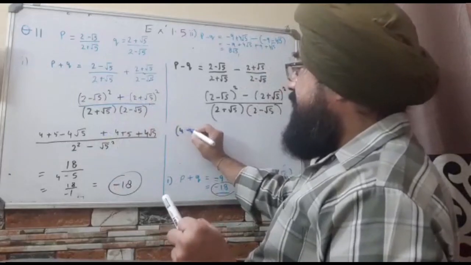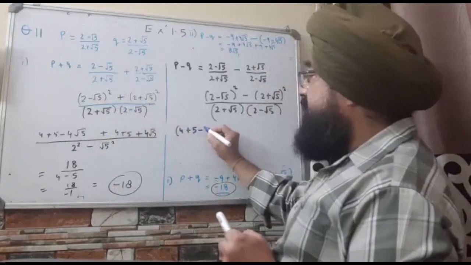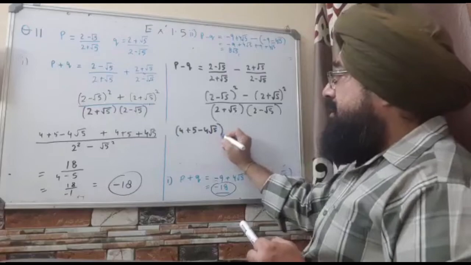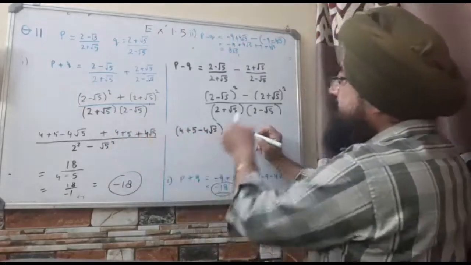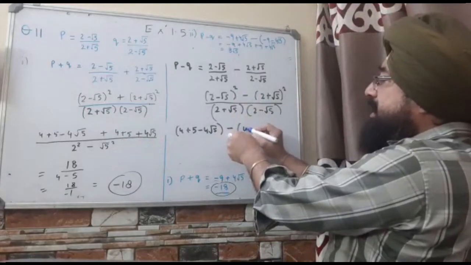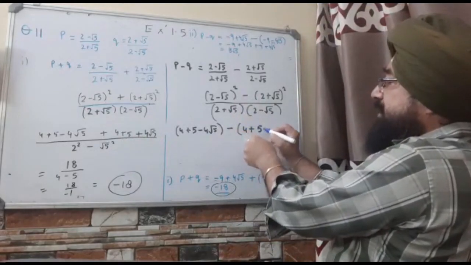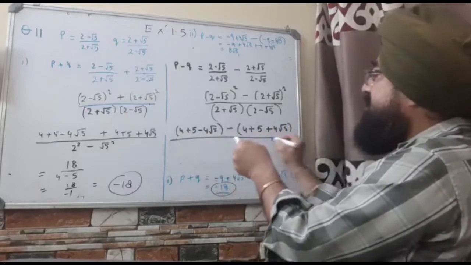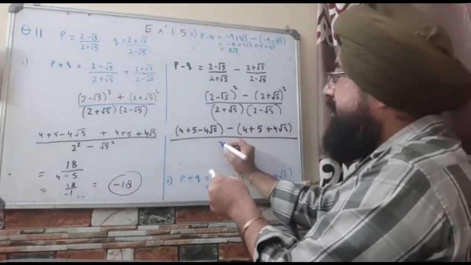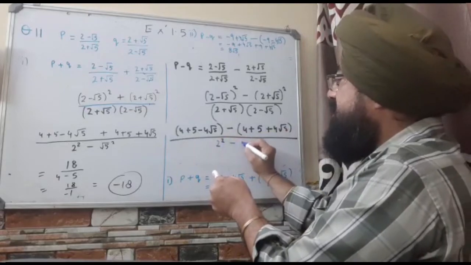I want my children to put a bracket there rather than directly opening it. Put a minus, because there was a plus, so I didn't put a bracket, but there's a minus here, so you need to put a bracket. 4 plus 5 plus 4 root 5. Just waste one step by putting a bracket. And in the denominator, of course, you have got 2 square minus root 5 square.